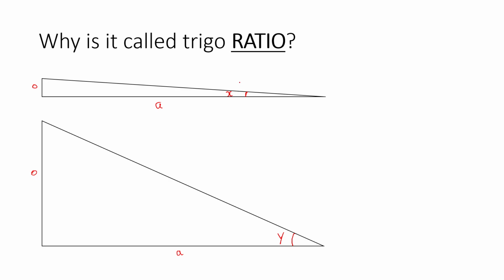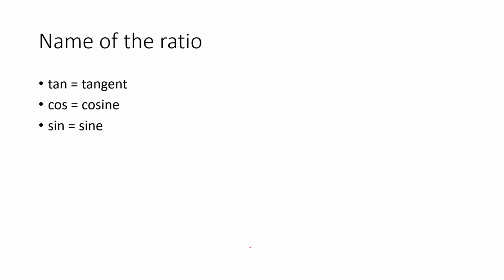So from this ratio, we can actually figure out what is the value of X and what is the value of Y. And the names of this Trigo ratio, you can actually find inside your calculator. You should be able to see TAN, COS, as well as SIN on your calculator. TAN is called tangent, COS is called cosine, SIN is called sine.